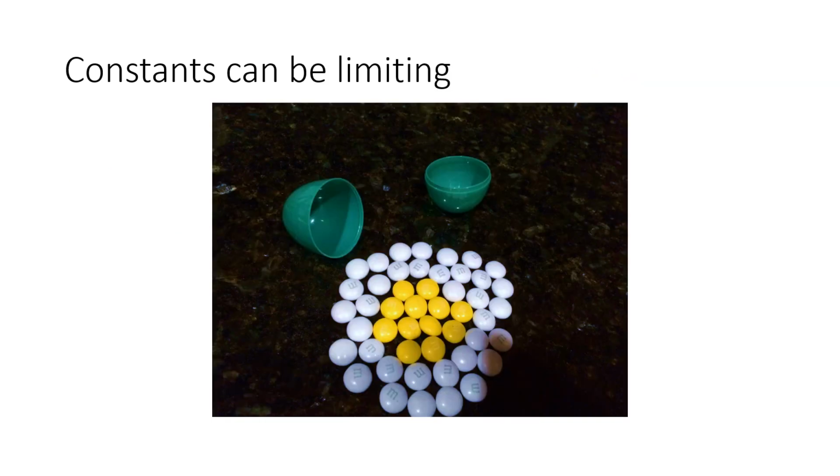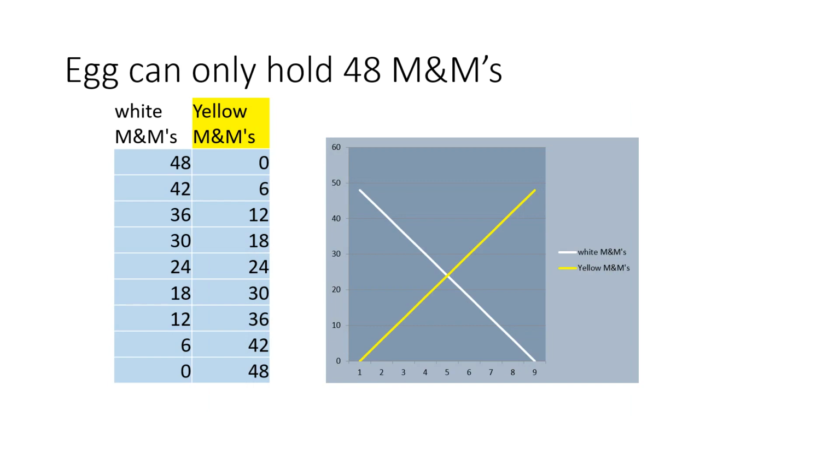And then we'll talk a little bit about, we've seen this already, that constants can be limiting. If there's only a certain number of M&Ms that I can fit into an Easter egg, then as one goes up, the other one goes down. As I increase the number of yellow M&Ms, I have to take out white M&Ms. We talked about how this is an inverse relationship.